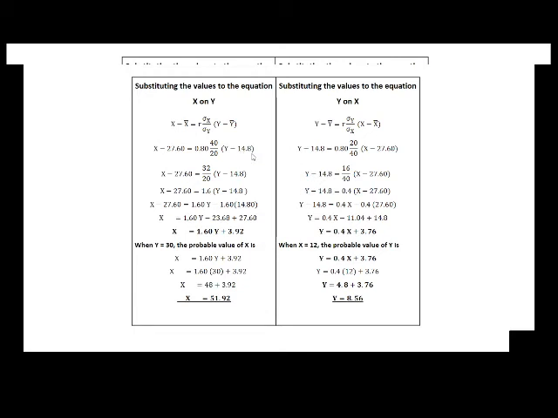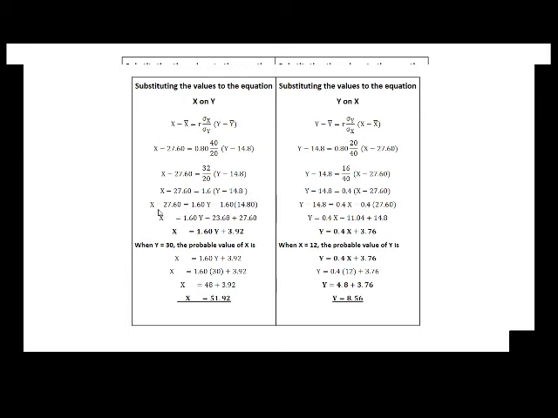So substituting into the equation, x minus 27.60 is equal to 32 divided by 20, y minus 14.8. Next step, x minus 27.60 is equal to 1.6 into y minus 14.8.